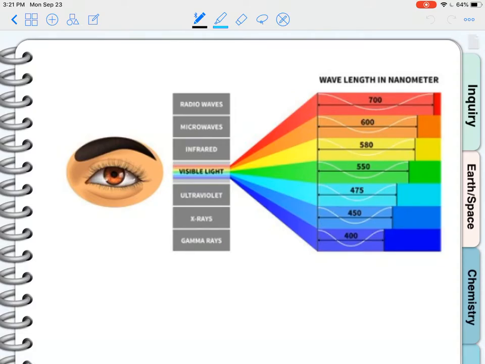Remember the low waves, these are lower frequency, and these are those high frequencies. So the electromagnetic spectrum shows you the things we can see and the things we can't see. The human eye is able to see these wavelengths only. And this is giving you the wavelengths in nanometers.